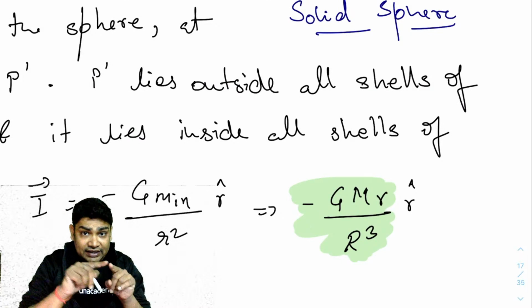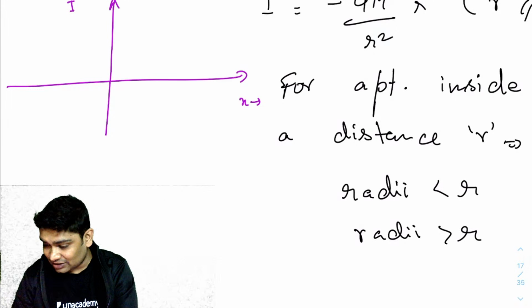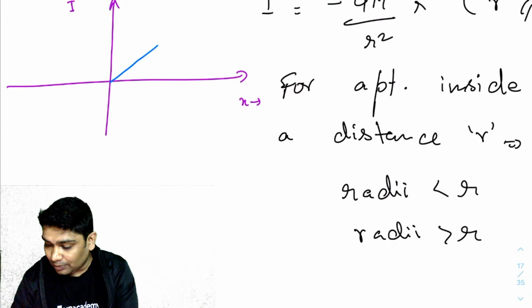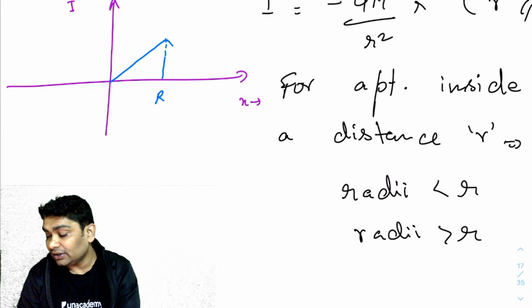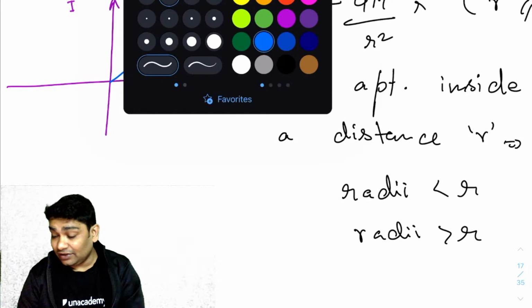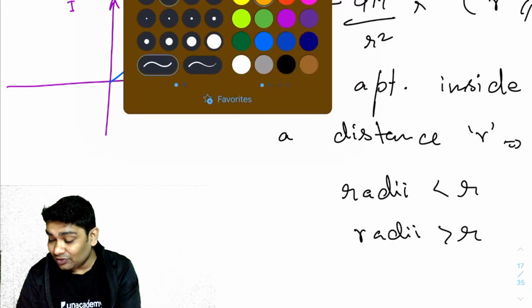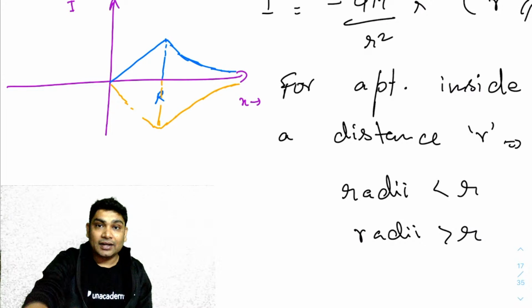As R increases, this quantity grows. So I would get a straight line up to capital R, and then it would go like this. That is the kind of graph you would see. Again, this is just the magnitude. If you had to talk about the direction and the vector form was asked, then you would draw it like this.